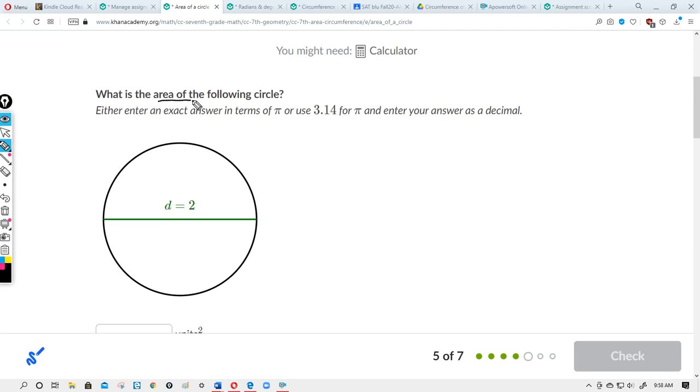They want the area of the circle. The diameter equals 2, and we know the radius is just the diameter divided by 2, so d equals 2, and our radius is going to be 1. So we use that for the area, pi r squared. I'm just going to do the shortcut this time and leave pi alone.